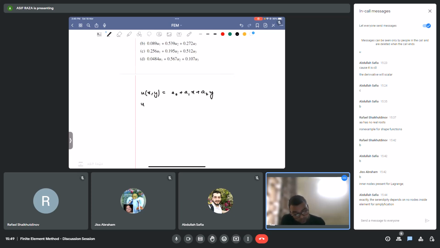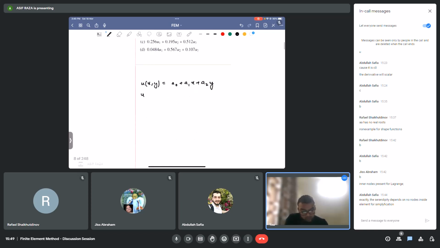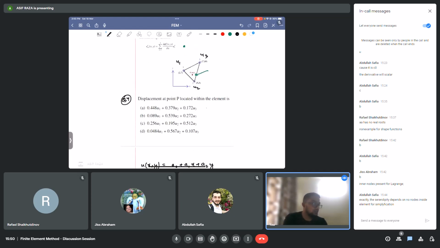So if I say node 1 has the displacement u as u1, this as u2, and this as u3, then u1 will have the value a0 plus a1x1 plus a2y1. Similarly u2 is a0 plus a1x2 plus a2y2, and u3 is a0 plus a1x3 plus a2y3, where x1 y1, x2 y2, x3 y3 are the coordinates of nodes 1, 2, 3 respectively.